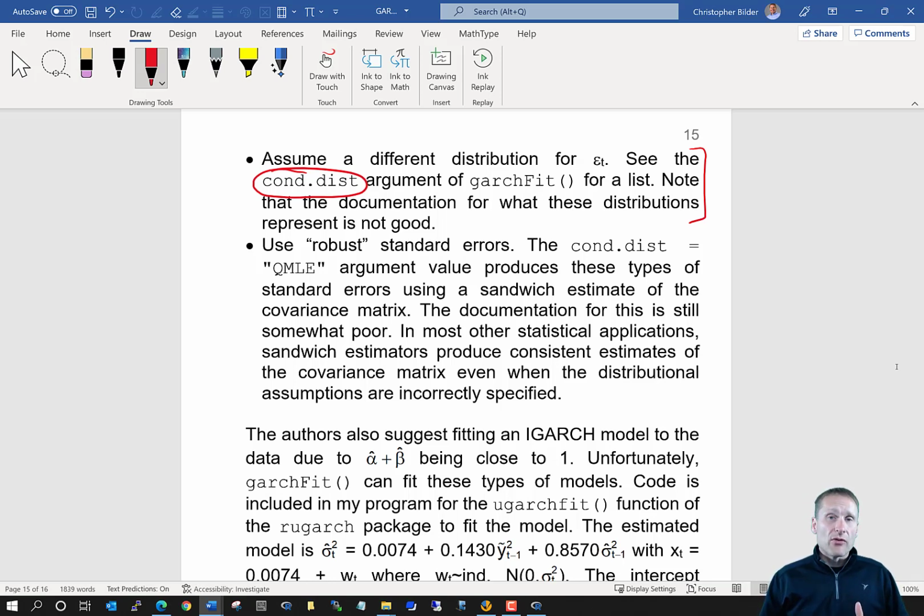Sandwich estimators are used there to get a still asymptotically correct estimate of the variance. One could do something like that here, and one could specify that by using a particular option with cond.dist.